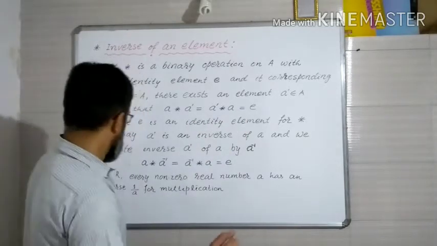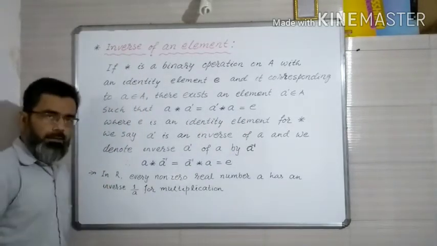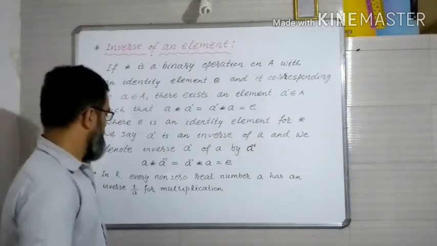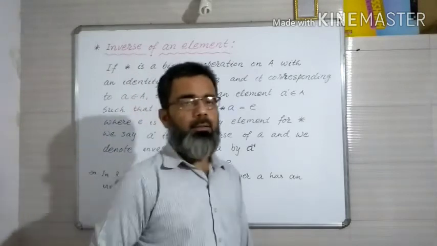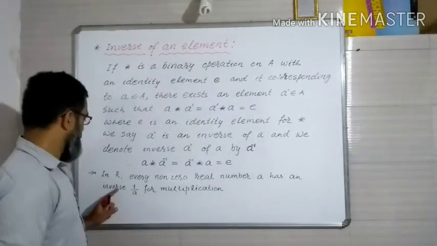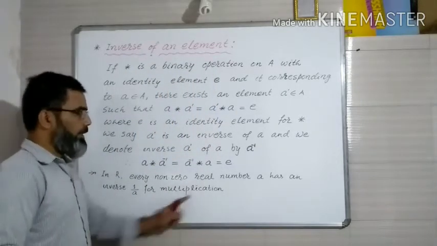Okay, now we know that in R, for the real number set, every non-zero real number a has inverse 1 upon a for multiplication.